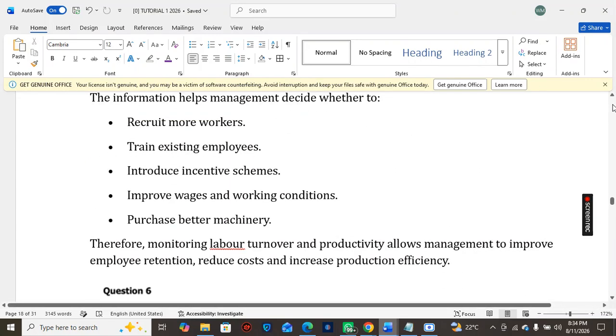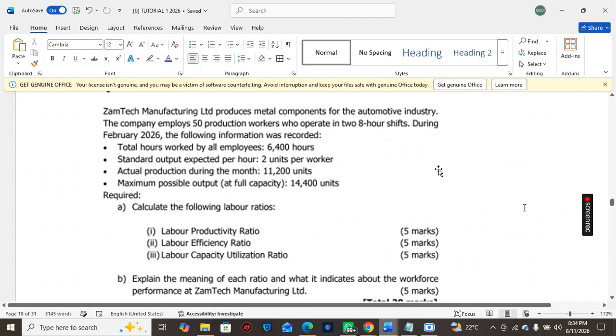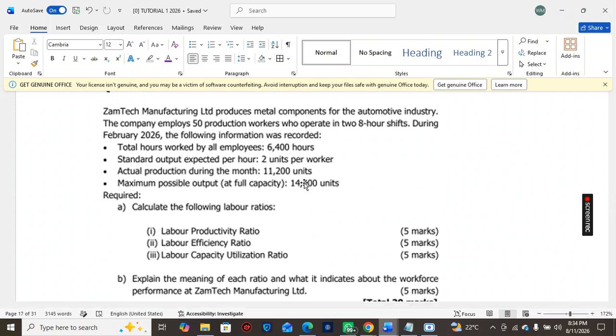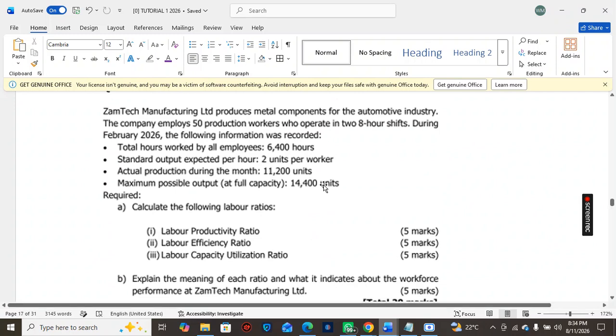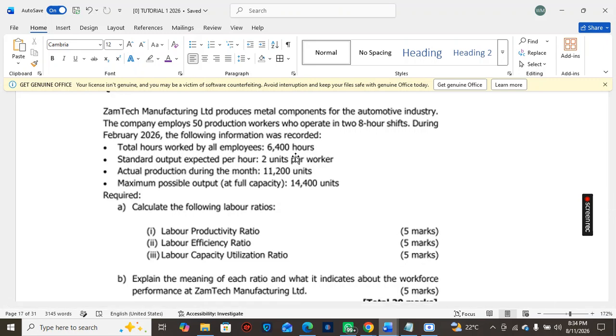It's 6,400. There's no 5,600 here. Yes, to find out what was expected to be produced within those hours, what the company expected, basically.